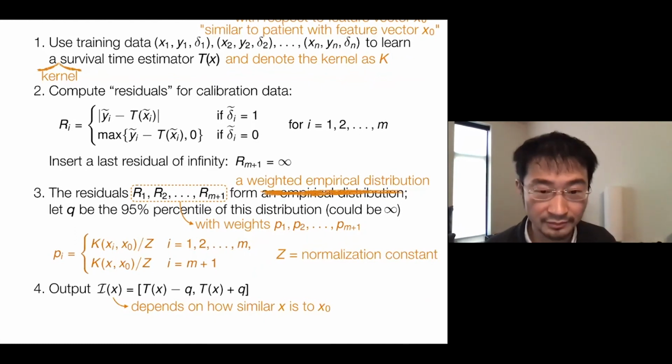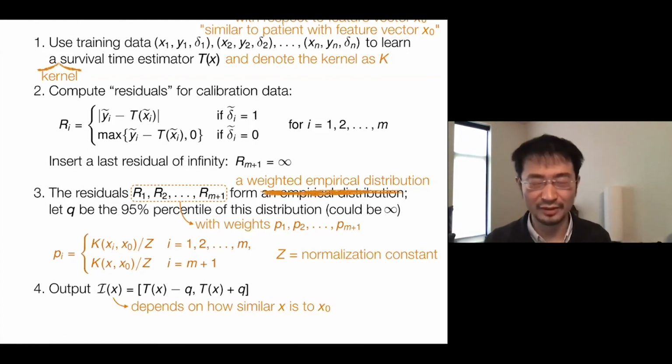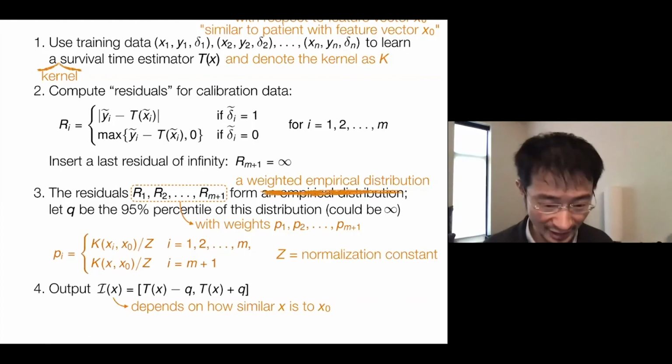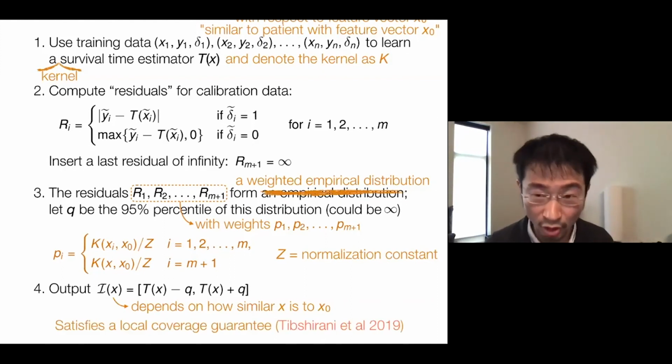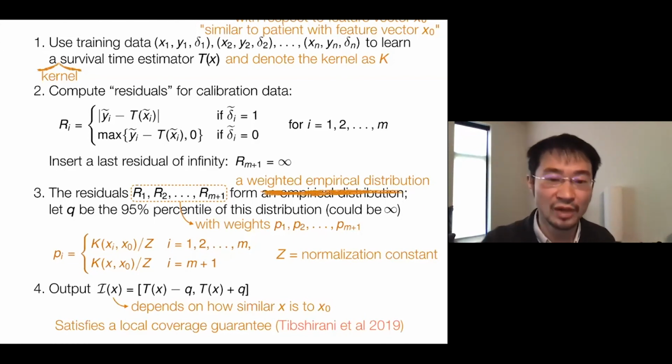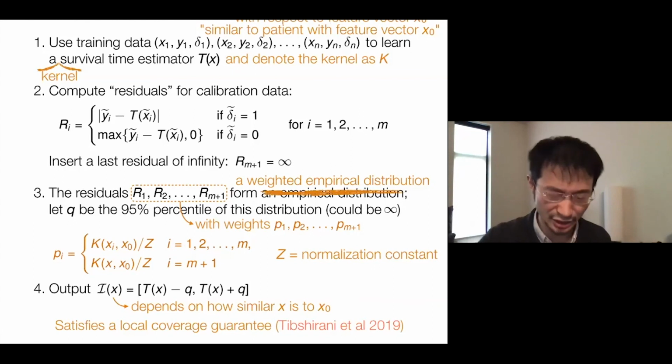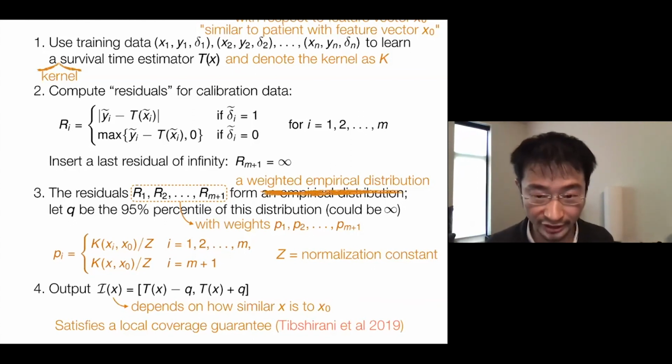This is a little bit technical, but this is how you construct locally valid prediction intervals. And this is not just a hack. It actually has a nice coverage guarantee. That's all I'll say about this procedure here.